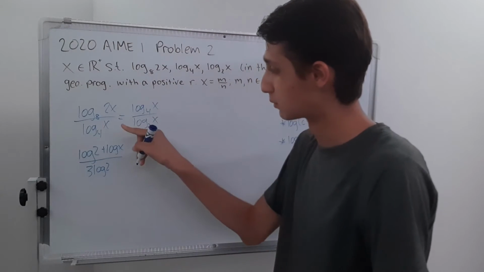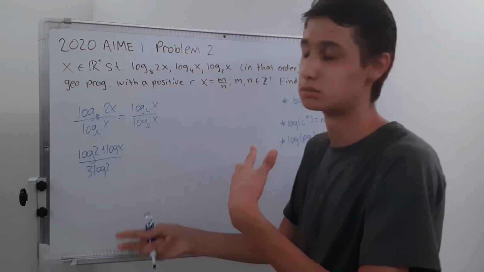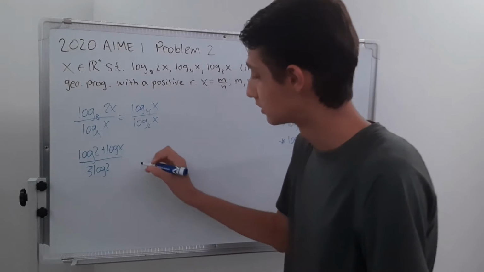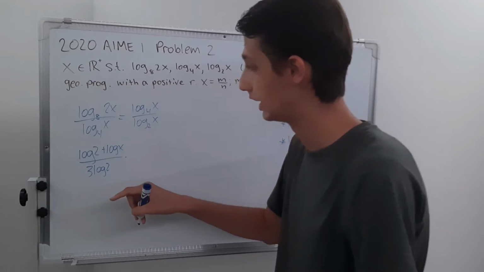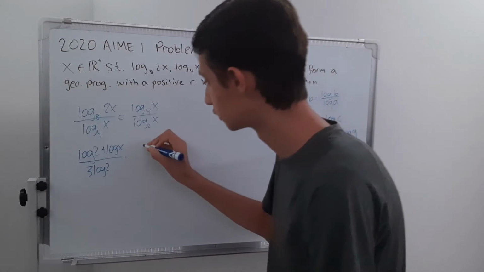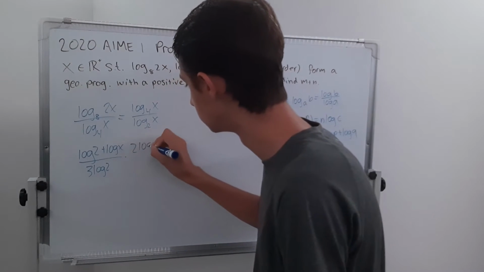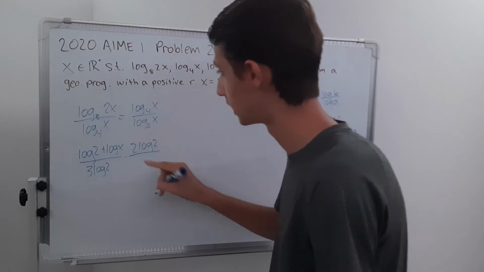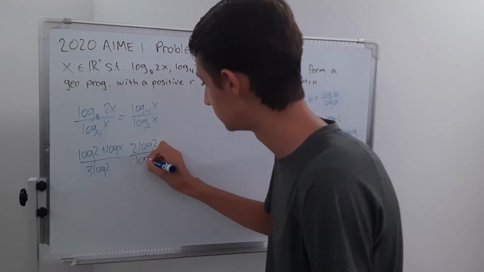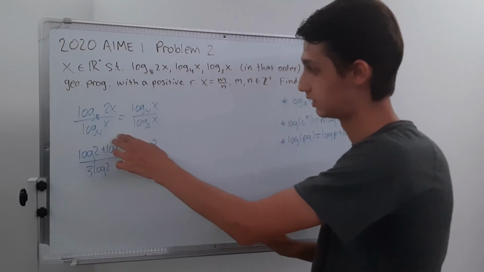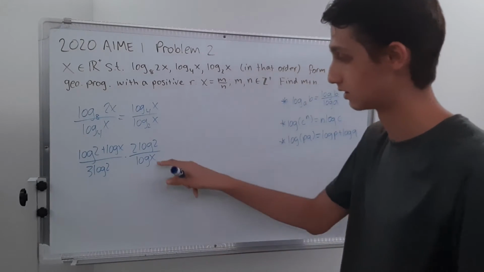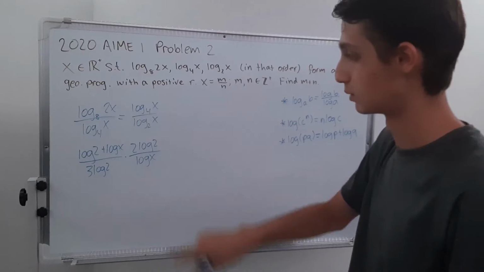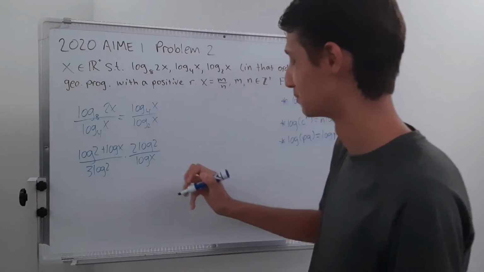Then we divide by log of 4, which is 2 log 2, divided by log x. Division is just flipped multiplication, so we're multiplying by log 2 log 2 over log x.